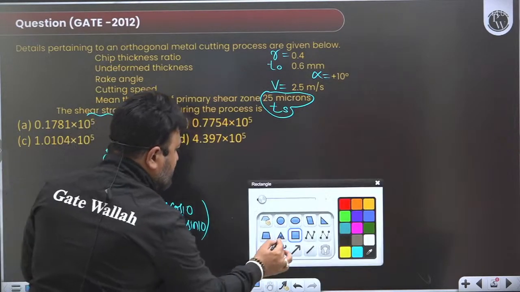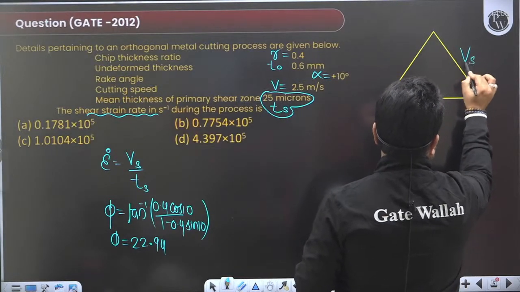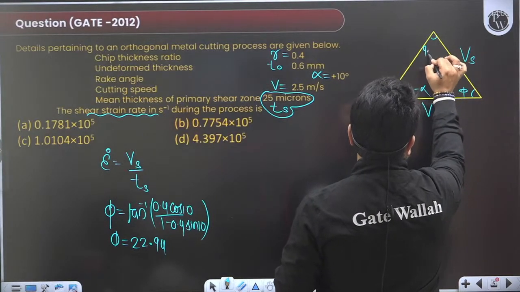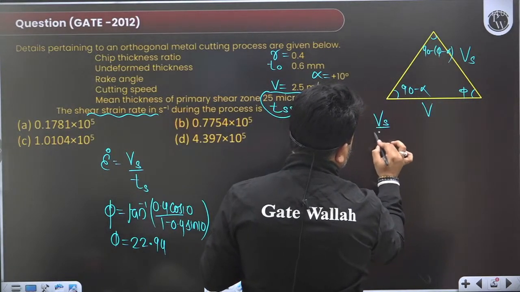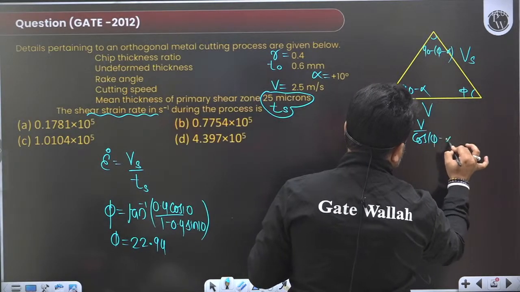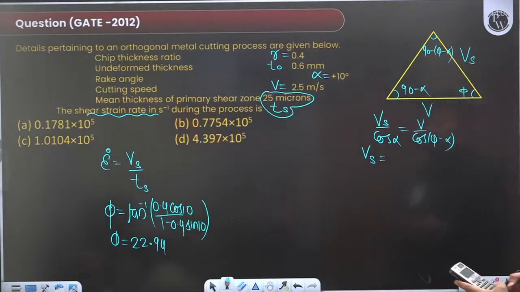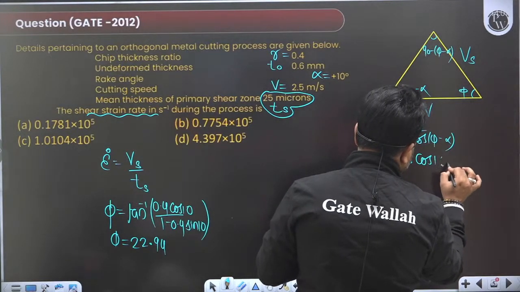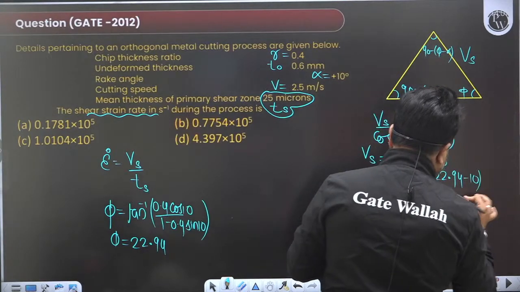That is, phi is 22.94. Now here is the velocity triangle with cutting velocity and shear velocity. This angle is 90 minus alpha, this is phi, and this is 90 minus phi minus alpha. So Vs divided by cos alpha equals V divided by cos of phi minus alpha. So here you will get Vs. V is 2.5, so Vs equals 2.5 cos 10 divided by cos of 22.94 minus 10.